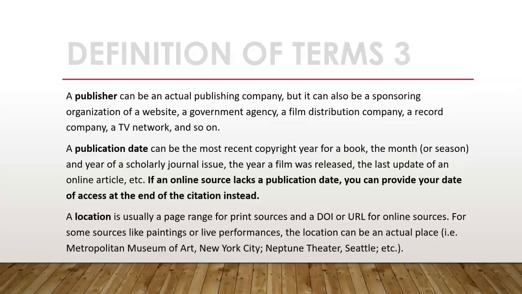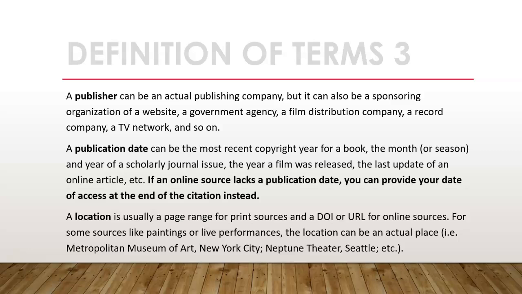And our final little list of terms here. Publisher. A publisher can be an actual publishing company, but it can also be a sponsoring organization of a website, a government agency, a film distribution company, a record company, a TV network, and so on. A publication date can be the most recent copyright year for a book, the month or season and year of a scholarly journal issue, the year a film was released, the last update of an online article, etc. If an online source lacks a publication date, you can provide your date of access at the end of the citation instead.